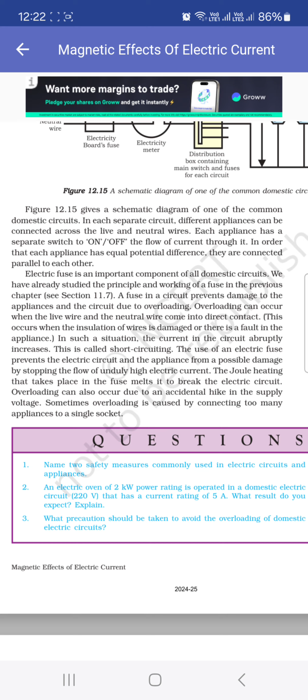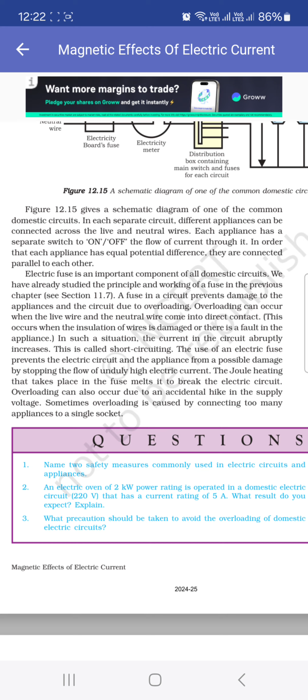The use of an electric fuse protects the electric circuit and the appliance from possible damage by stopping the flow of unduly high electric current. The Joule heating that takes place in the fuse melts it to break the electric circuit.